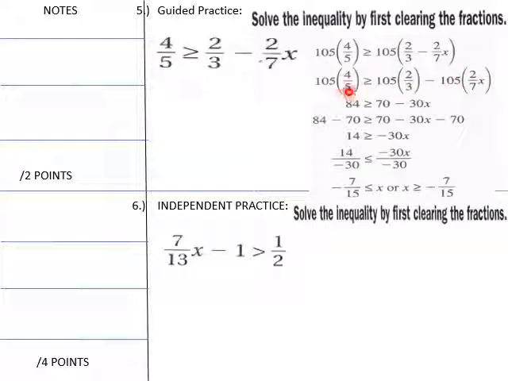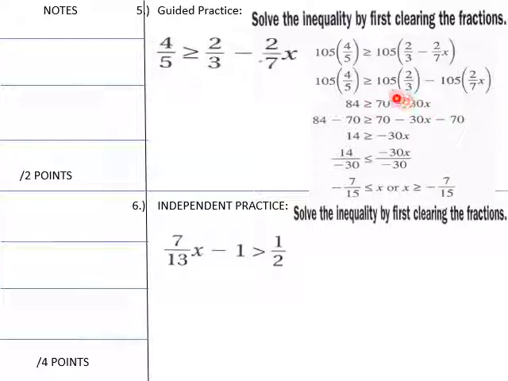And then when we multiply through, this ends up being 84. 5 will go into 105 21 times. 21 times 4 would be 84. And then 3 will go into 105 35 times. 35 times 2 would be 70. And then 7 will go into 105 15 times. And then 15 times 2 will be 30x.